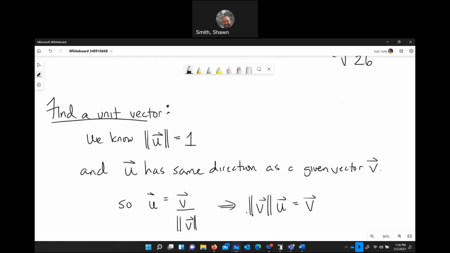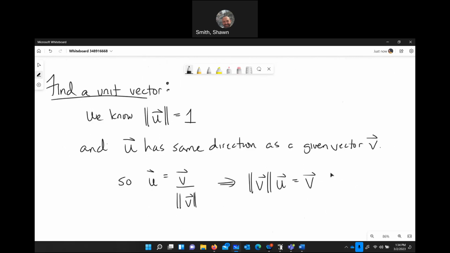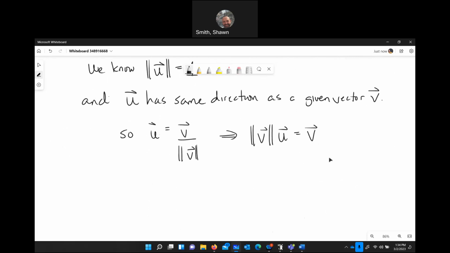So if I go backwards, you see that the unit vector is the vector v divided by its magnitude. So if vector v is equal to, say, 4i minus 3j, what is the unit vector for vector v?